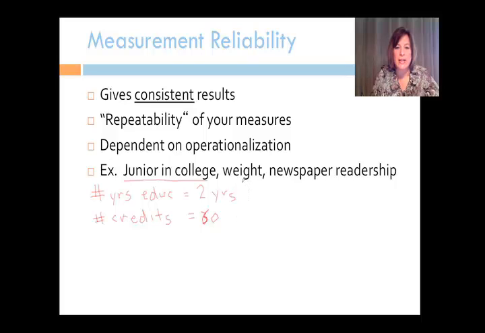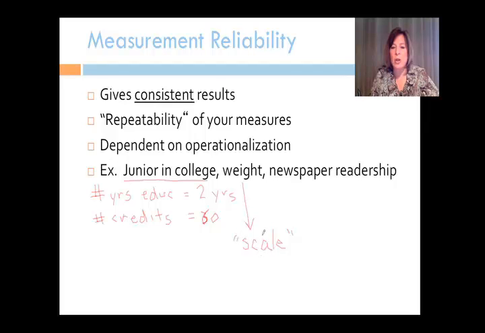What about weight as an example? What could be the issue with the reliability in terms of measuring weight? Well, if you were to get on a scale in the morning and get on the same scale again tomorrow morning and the third morning, you probably would have fairly reliable results because you're using that same scale.